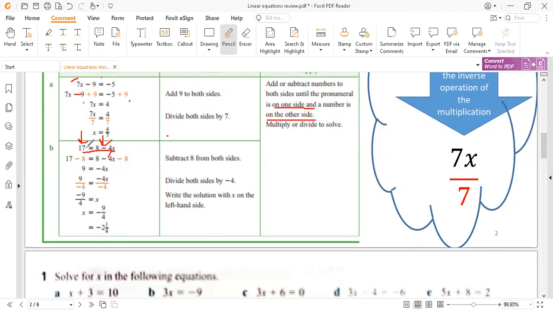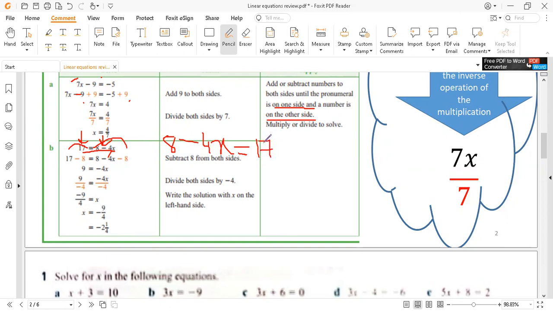It is very easy. When we say these terms equal to these terms, it is easy to say that 8 minus 4x, all the terms that we have on the right-hand side, equal to all the numbers that we have on the left-hand side, equal to 17.